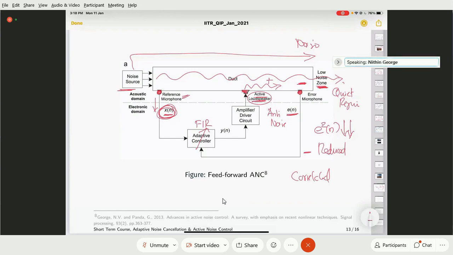The gain which you will be putting will depend on your background noise. Correct? So if you are in a train or in a railway station, you will put a higher volume on your headphone. But if you are in a quieter room, you need only a smaller amplification.